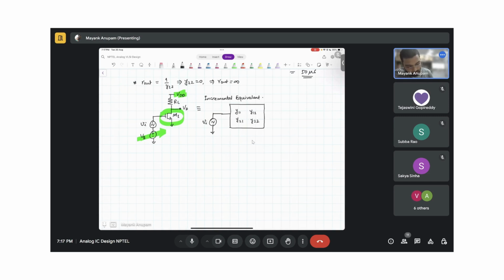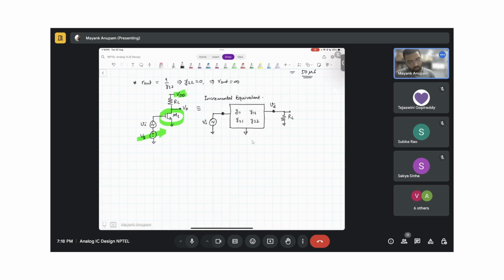Okay, and this is, let's say, ground, and the other terminal is here. So here VDD I have to short to ground, right? So at this point I have RL. Let's say this is the input, this is the output here. This is VD. So here it will be replaced like this, VD, and then you have RL.